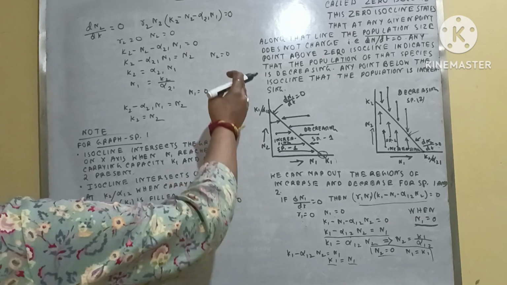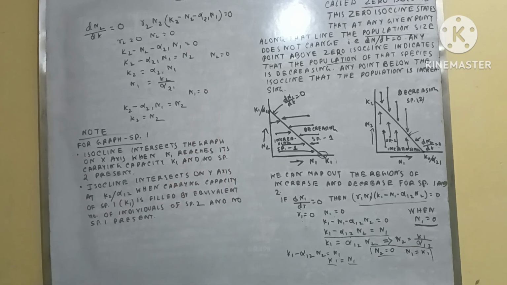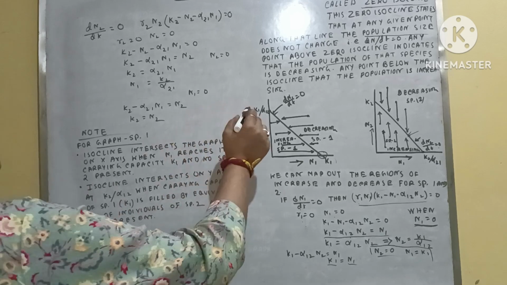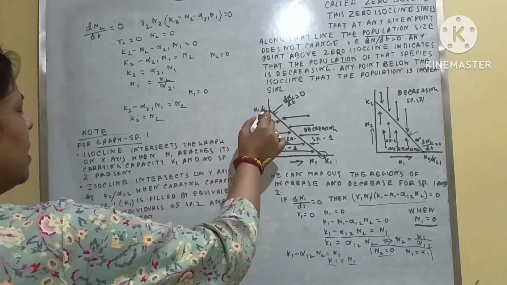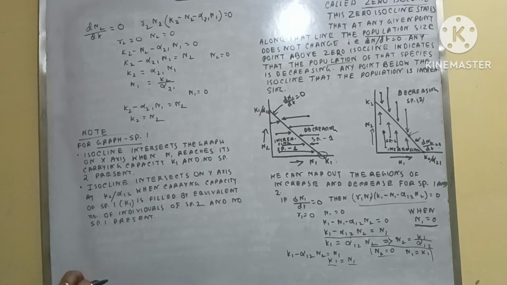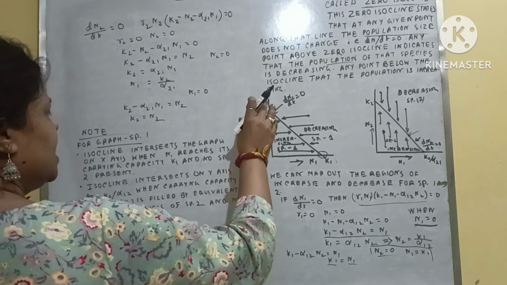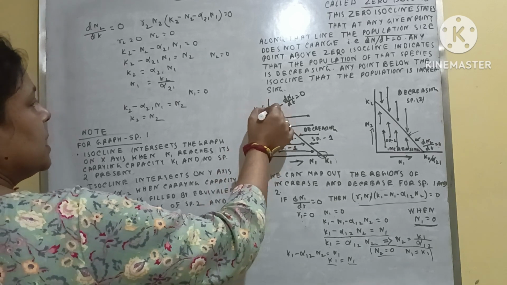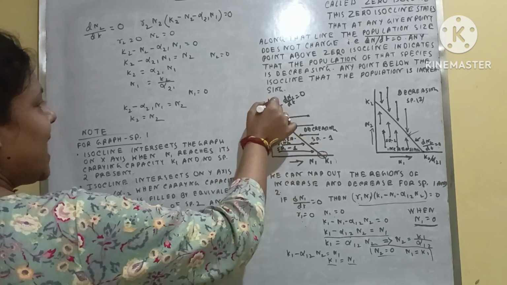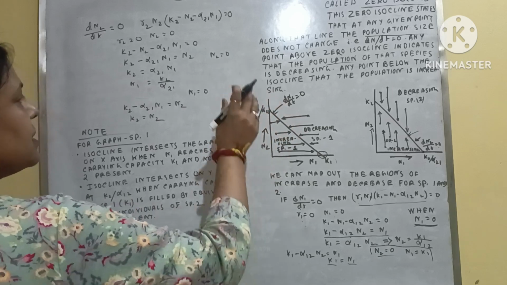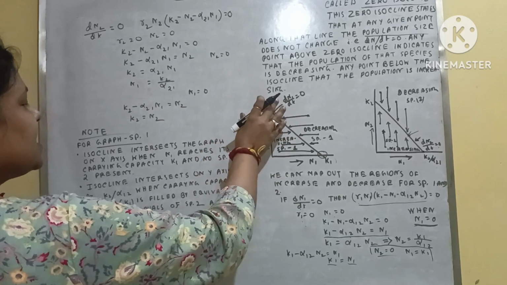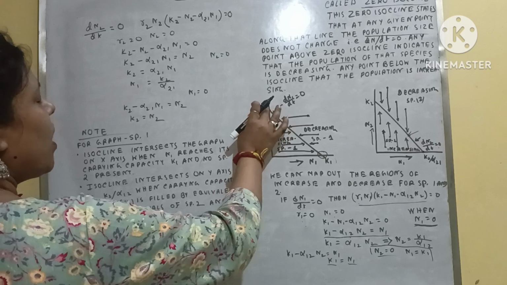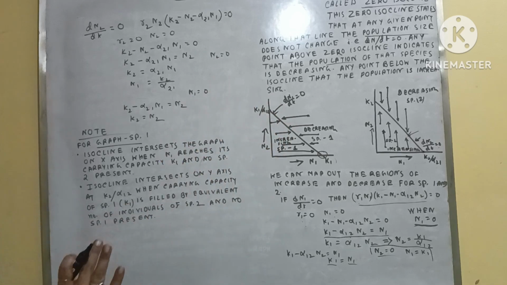And in the y-axis it intersects where K1 by alpha 1 2, when the carrying capacity K1 is filled by an equivalent number of individuals of species 2. It intersects on the y-axis at a point where species 2 is present but species 1 is absent.